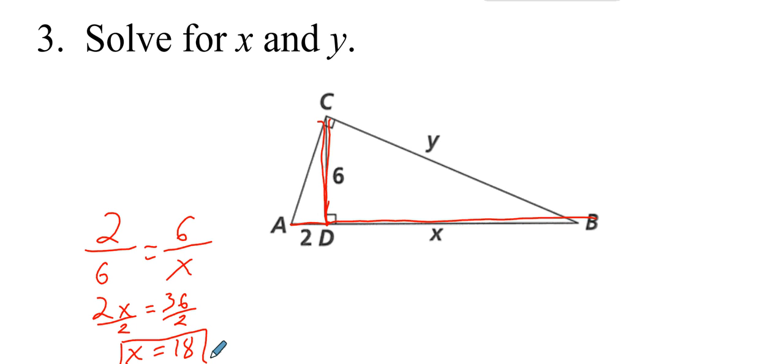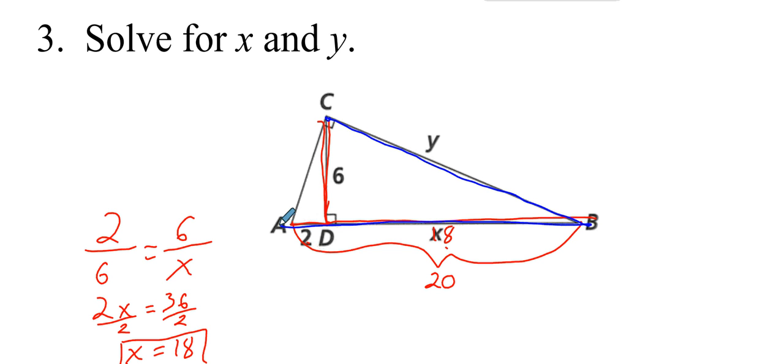Now that x is equal to 18, notice I do know my entire AB side is 2 plus 18, so that's 20. For y, I'm going to use my hockey stick theorem. I'm going to say that y over AD, or BA, so y over 20, equals 18 over y.